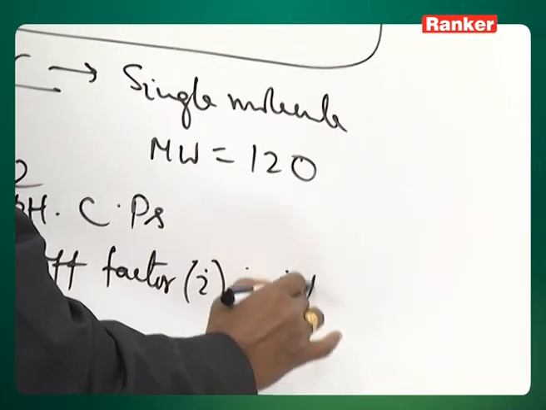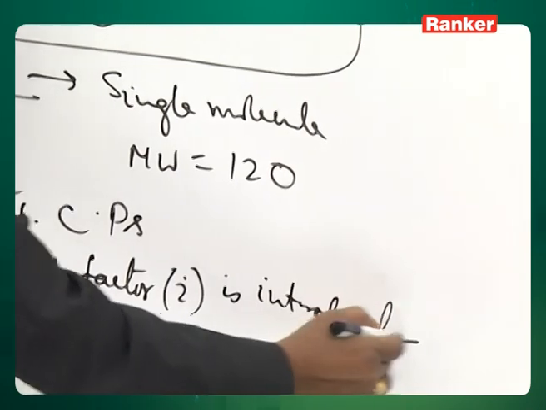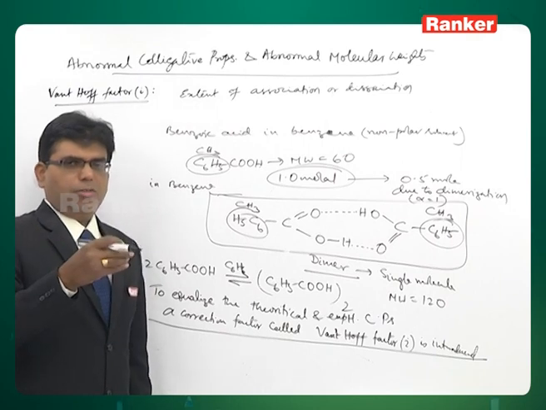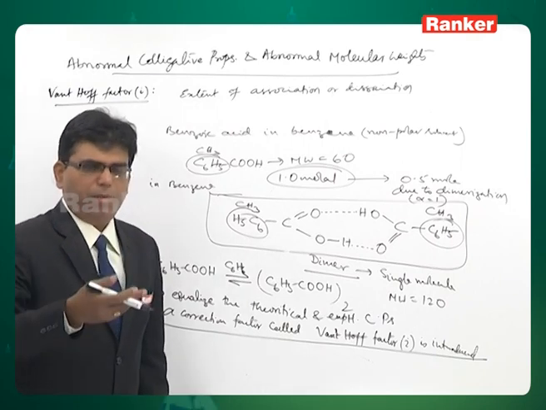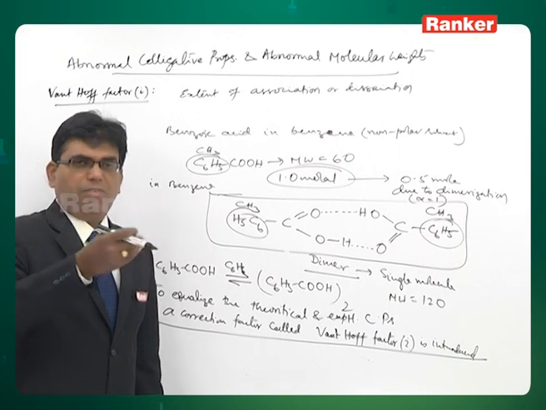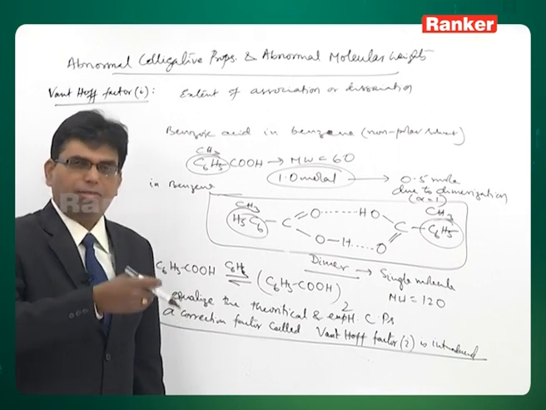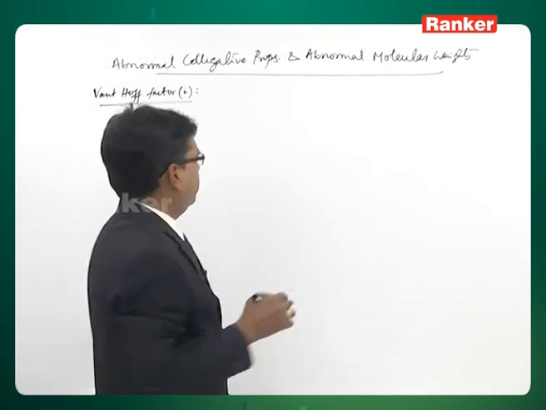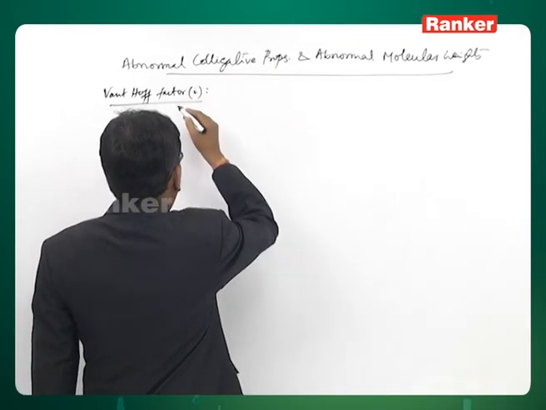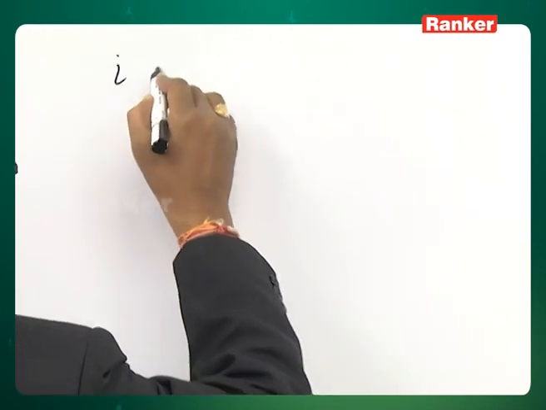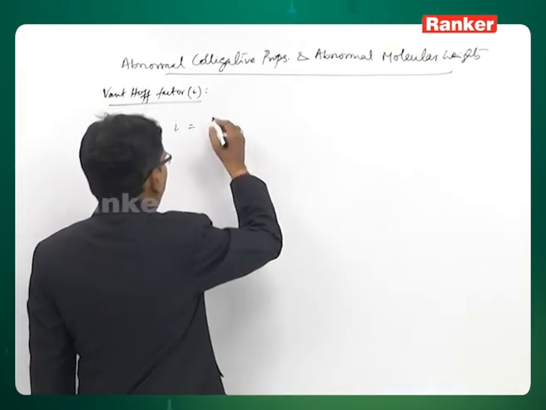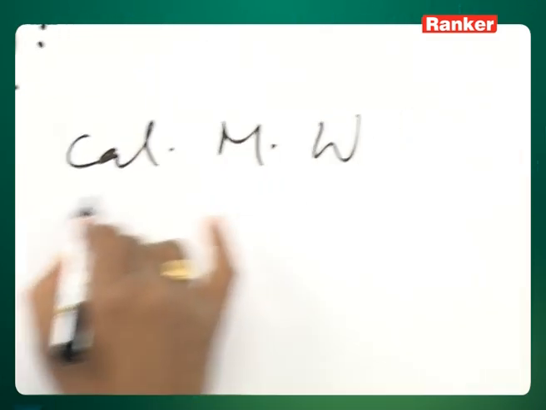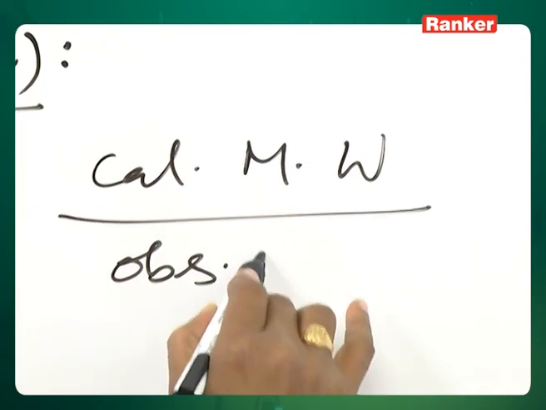Then how it is incorporated in all the equations, how we do the calculations, and how this Van 't Hoff factor relates to the degree of dissociation or association, that we are going to see next. Let us consider the Van 't Hoff factor. What is this Van 't Hoff factor? The Van 't Hoff factor i is equal to the ratio of the theoretically calculated molecular weight of the solute to the observed molecular weight.